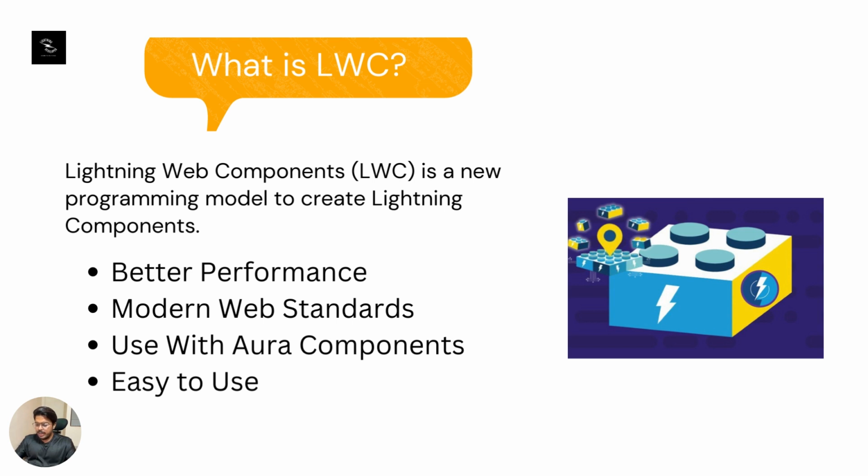Lightning Web Components have lots of advantages over Aura components, so they provide better performance. Lightning Web Components are also based on new modern web standards, so they follow modern web standards instead of relying more on frameworks.